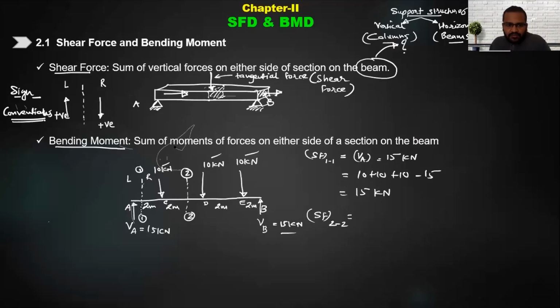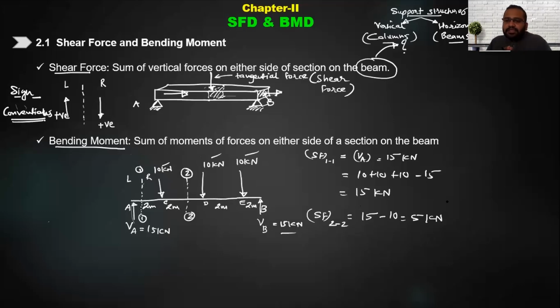So what is the summation on the left hand side? 15 minus 10, because 15 is positive, upward, minus 10. It will be only 5 kilonewton. And if you do the same thing on the right hand side, the same value will come.